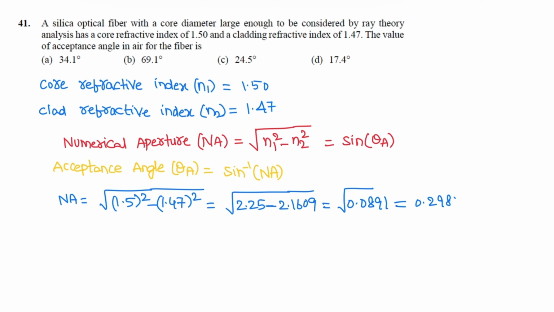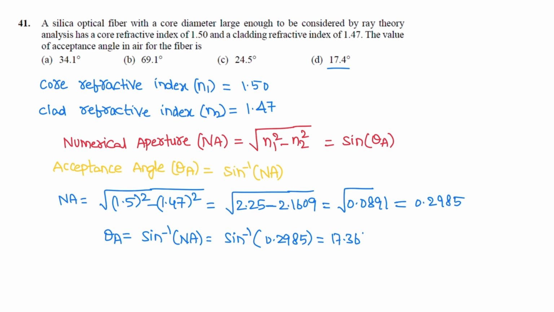Acceptance angle theta A is sine inverse of numerical aperture, that is sine inverse of 0.2985, angle is 17.36 degrees, 17.4 degrees. Correct option is D. Acceptance angle of the fiber is 17.4 degrees.